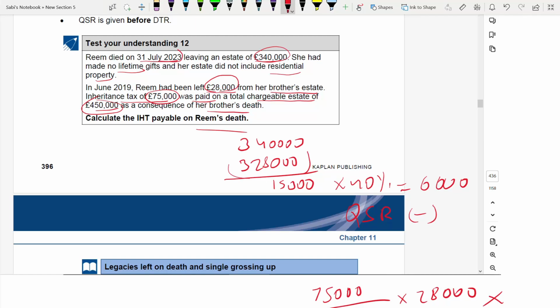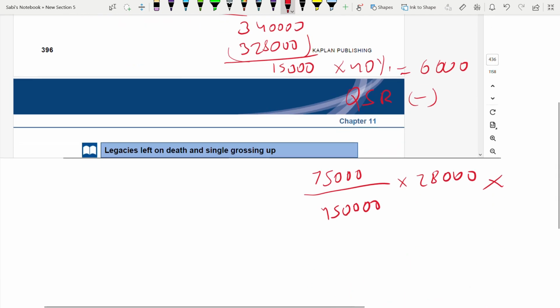Died on 31st July 2023, and on which date was she left the property? 2019. So from 2019 to 2023: 20, 21, 22, 23. It is 4 to 5 years, so there is nothing for 5 to 6. It's only 4 to 5.